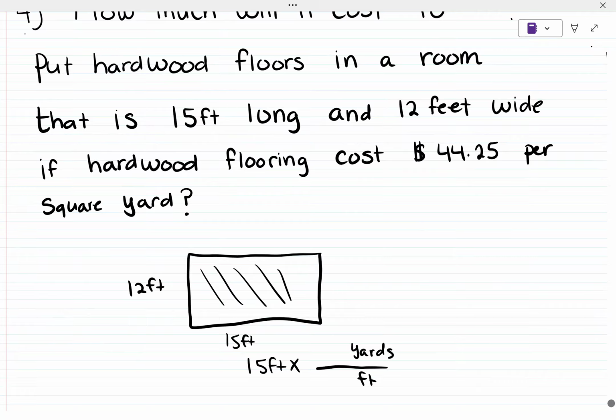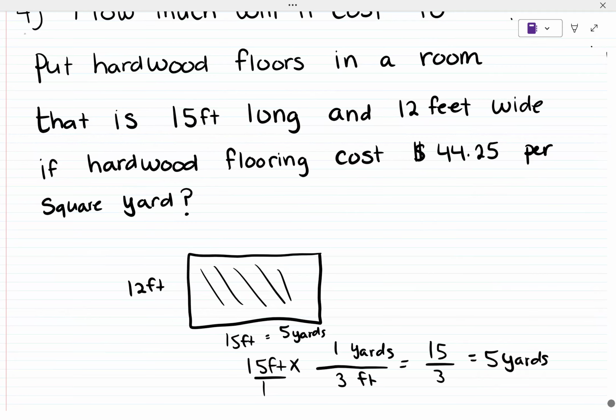What's the relationship between yard and feet? For 1 yard, there's 3 feet. And then if you multiply across, 15 over 3 is just 5. So really 15 feet is the same thing as 5 yards.